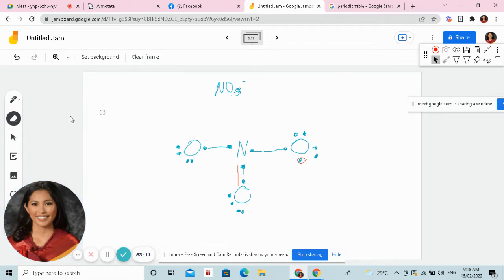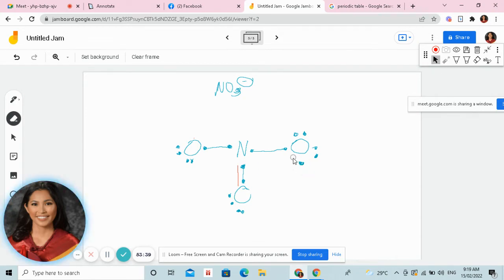Now let's count. We have this negative, we have this unpaired electron. It was not paired. We have this one unpaired because it's the negative, so there is 1 extra electron.